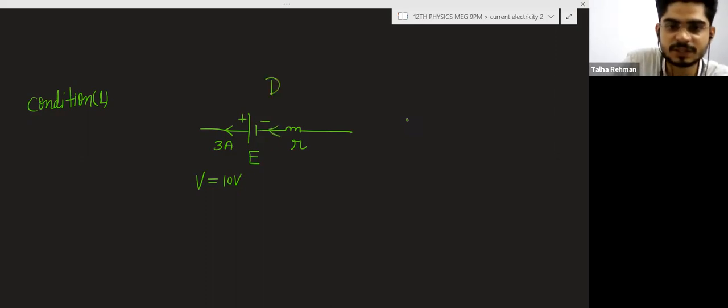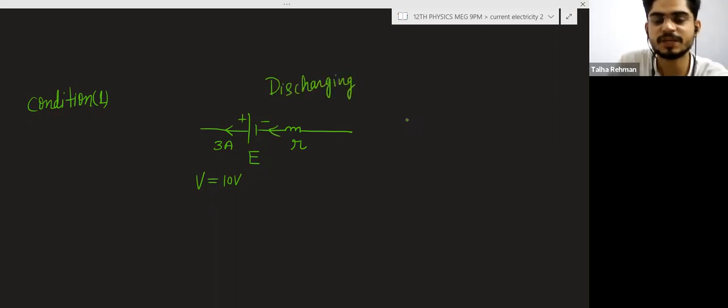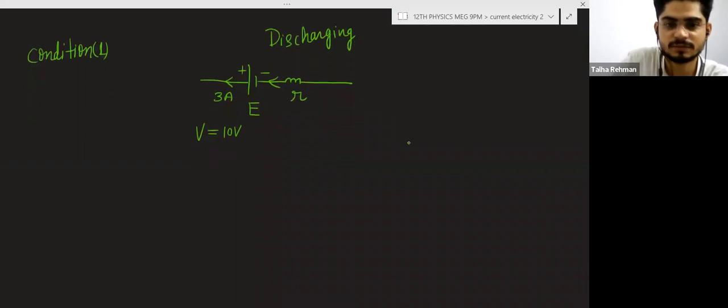So this is discharging. And what is the equation of discharging for potential difference? What is the terminal potential difference in terms of EMF and internal resistance when the cell is discharging?